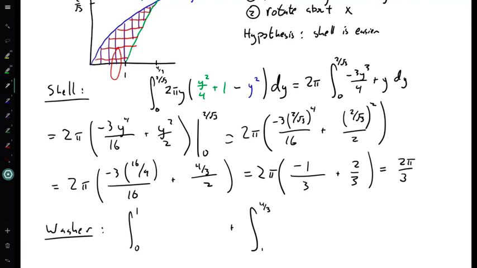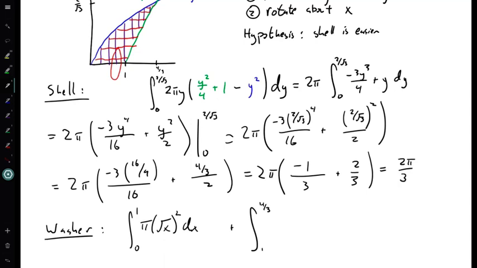On the region from 0 to 1, my washers are actually going to be disks, because I'm just looking at the area between the blue curve and the x-axis. So each of these washers is a disk with radius equal to the y value on the blue curve. And so the surface area of one of those washers or disks is going to be pi times that radius squared. So pi, the y value on the blue curve, is the square root of x. So we're looking at this area here.